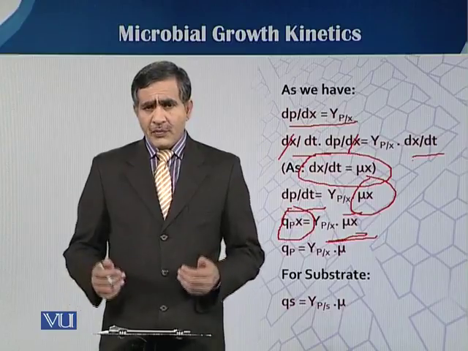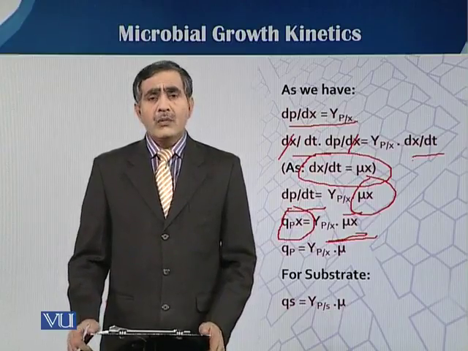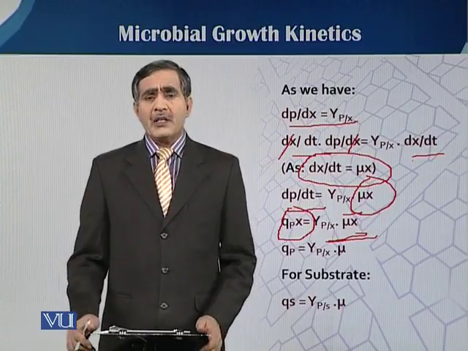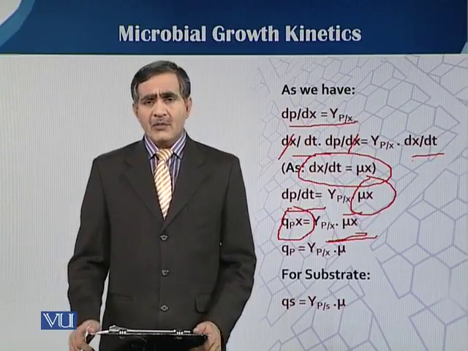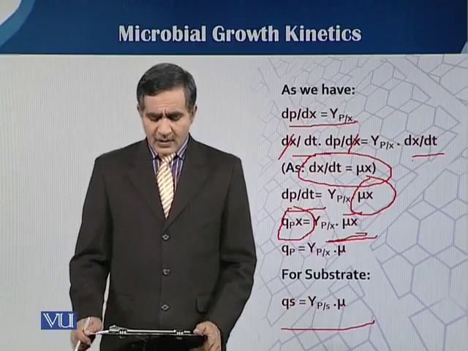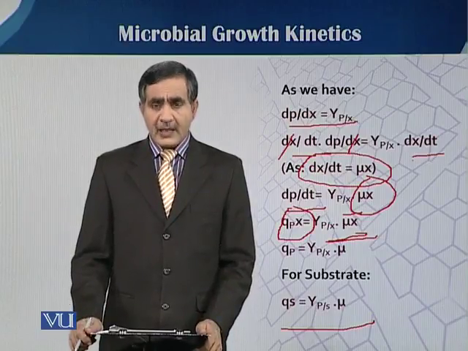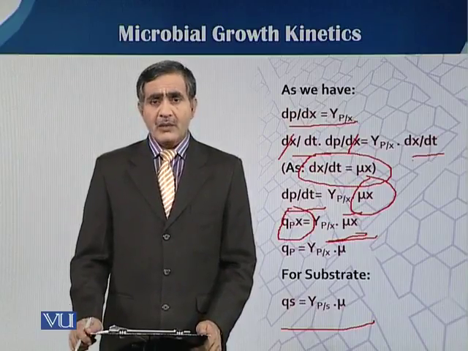But if we transform this equation into the effect of substrate on the product concentration, then we can transform it into this: Qs, the change in substrate concentration with respect to product, is Y, the yield, dot mu.